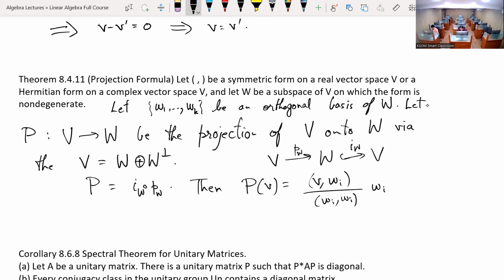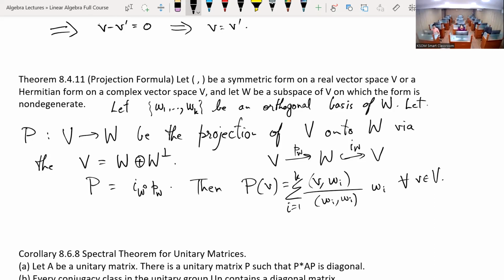So the scalar is summed over the K vectors. PV is this for all V in V, so PV has to be an element of W. I'm giving you a formula for what PV is. Is the statement clear?